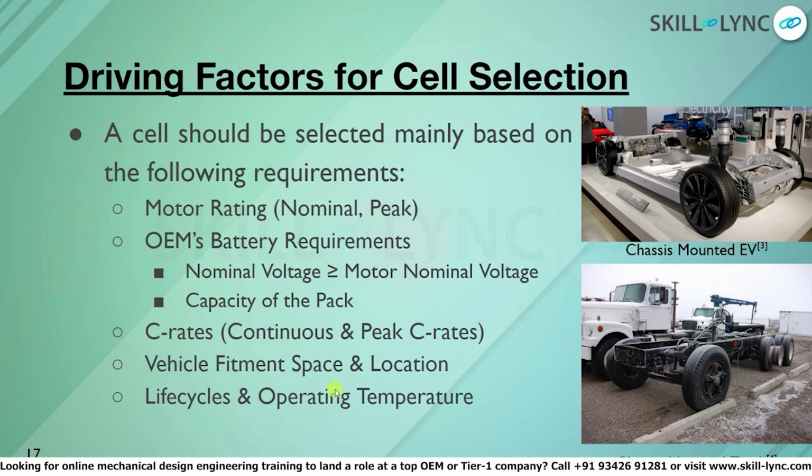Also, the life cycles are defined at continuous C rates only, which is a standard C rate. Life cycle is always designed at a continuous C rate, where you're not abusing the cell too much. It's a safe operating condition. Continuous C rates are always the safe operating conditions, and life cycles are always defined at continuous C rates, and also at optimum operating temperatures.